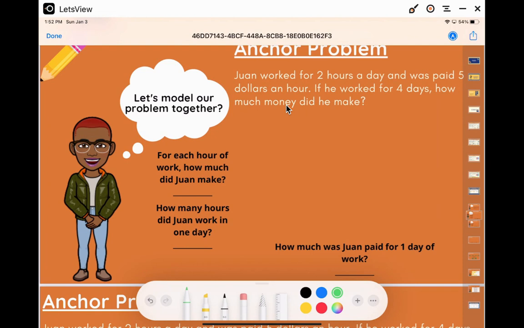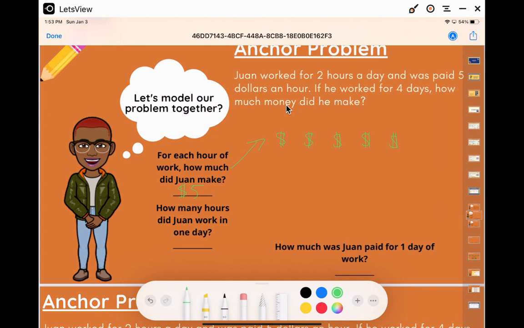And I'm going to use dollar signs this time for my array. So there is $1, $2, $3, $4, $5. And so this is going to represent how much Juan made in 1 hour. In 1 hour, Juan made $5.